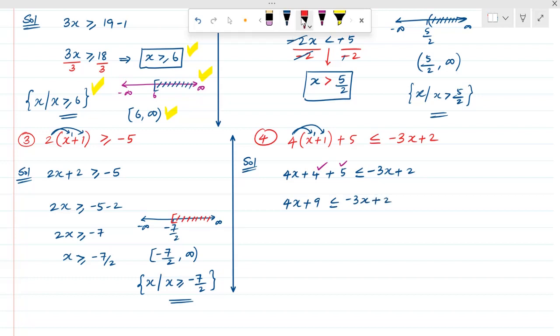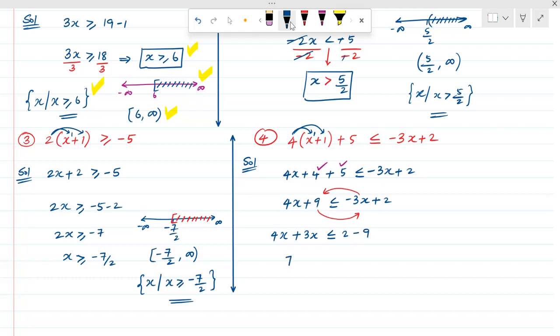So I will move the 3x to the other side. It becomes positive. And move the 9 to the other side. It becomes negative. So 4x plus 3x is less than or equal to 2 minus 9. If you move the 9 to the other side, there will be a change in the sign.